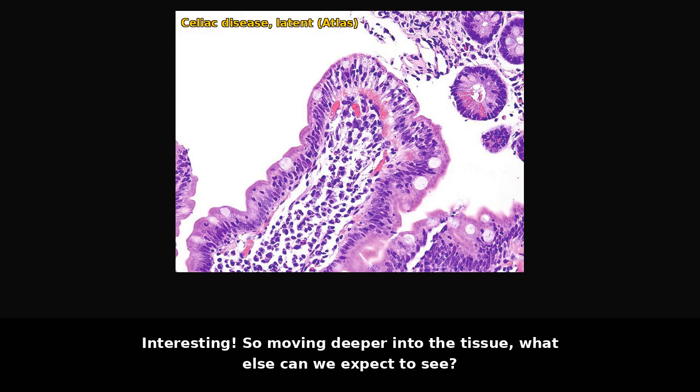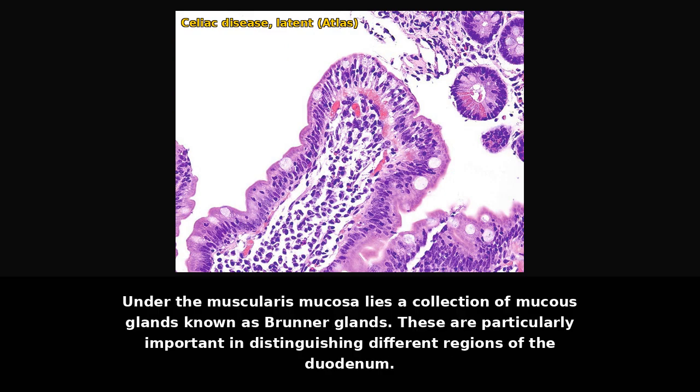Interesting. So moving deeper into the tissue, what else can we expect to see? Under the muscularis mucosa lies a collection of mucus glands known as Brunner glands. These are particularly important in distinguishing different regions of the duodenum.